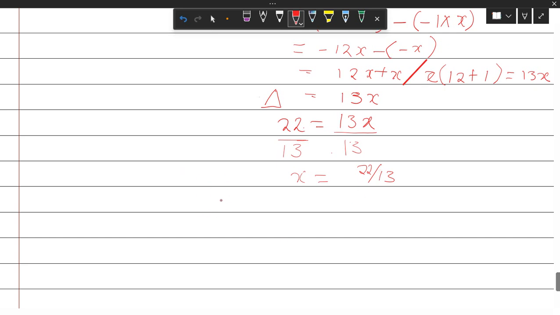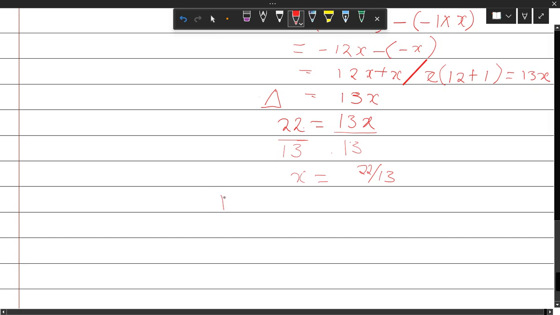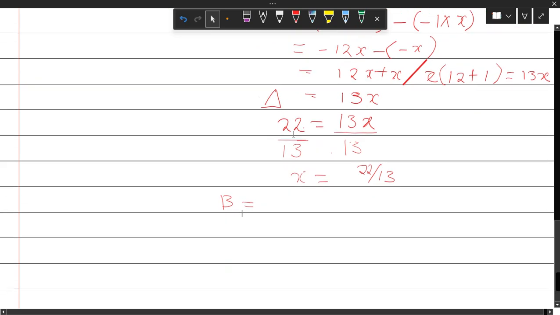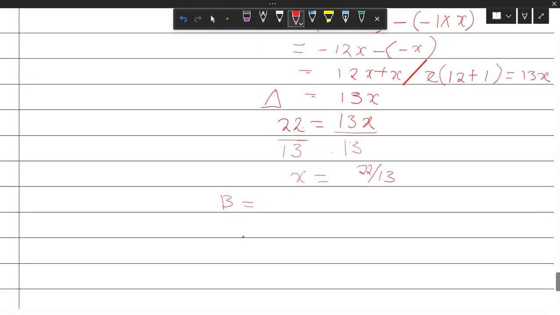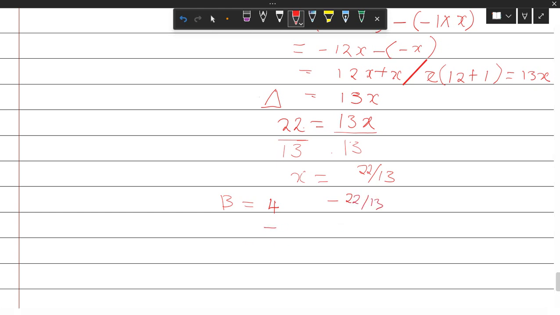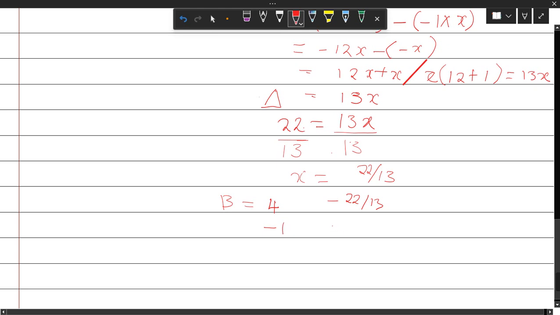So now that we know the value of x, matrix B equals, we can put the values in. So we have 4. Then here we have negative x, meaning negative 22 over 13. Then here we have negative 1. Then here we have negative 4x, so we put negative 88 over 13.